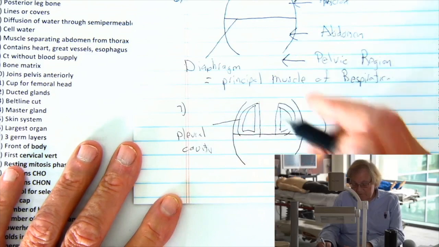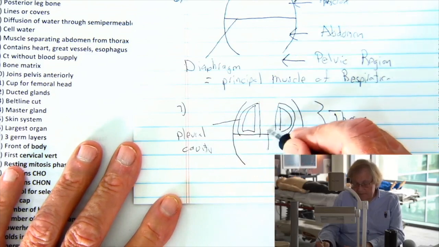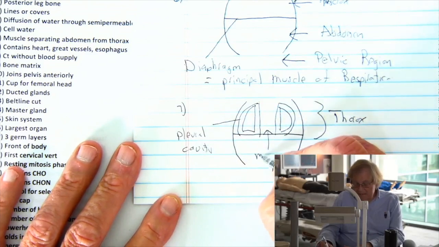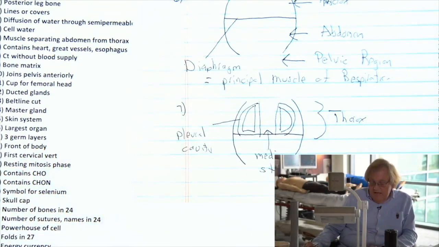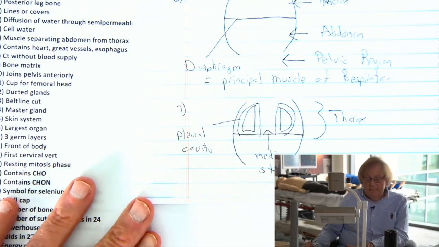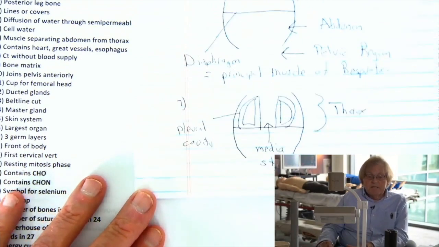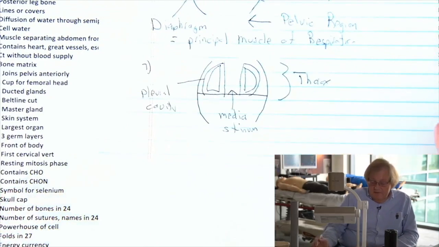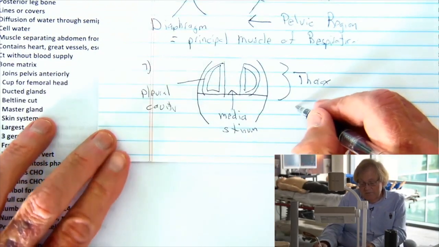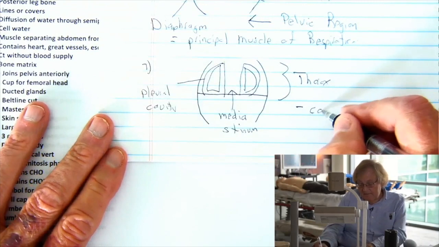Sitting in between is going to be that region called the mediastinum. So when it says contains the heart, great vessels, and esophagus, that's my mediastinum. I could also add that it contains some lymph nodes.